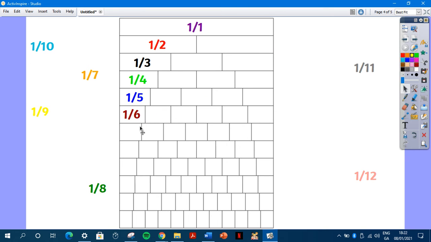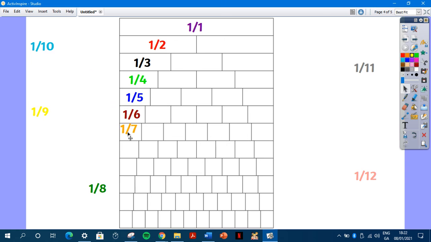Now, as you can see, they're all getting smaller. The next one is 1, 2, 3, 4, 5, 6, 7, so we're looking for 1 piece out of 7. Is it going to be bigger or smaller than 1 over 6? Smaller, isn't it?